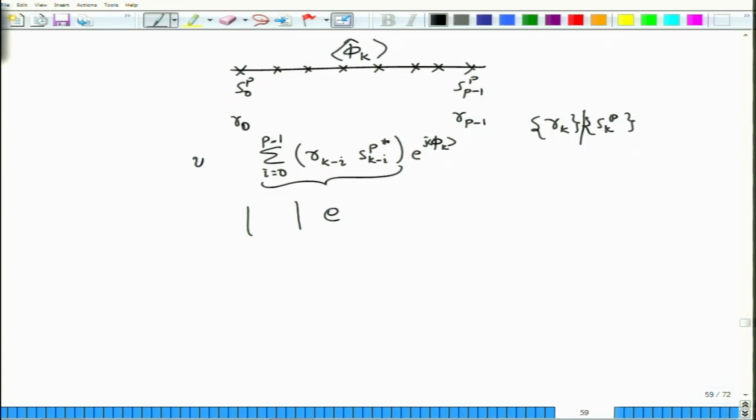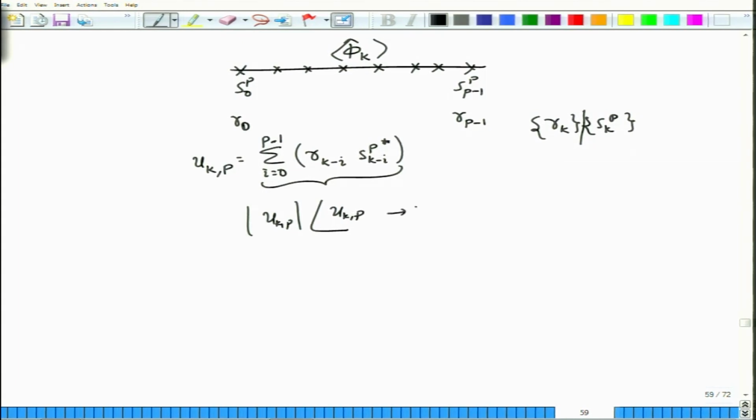I will call this u_{k,p}, p standing for the length of this sequence, k standing for the sequence at the kth time. Of course, as k increases, you have to keep moving this block of p symbols. So, I have u_{k,p}, and then the argument of this u_{k,p}, which is the inner product of the received sample sequence with s_k^p.